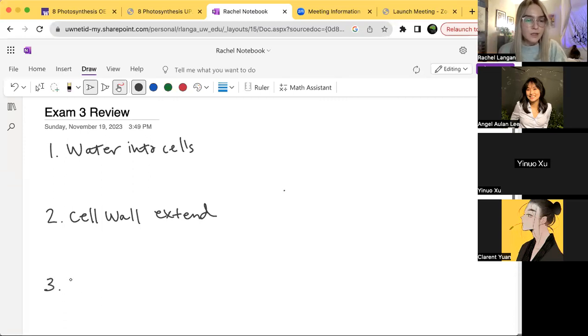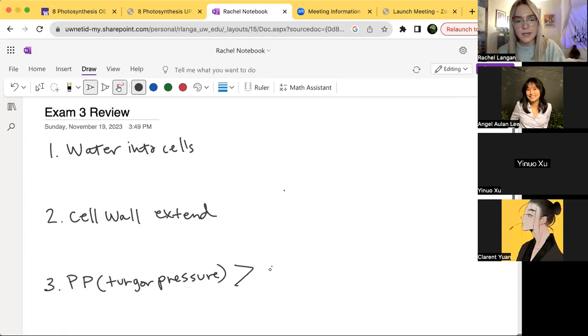And then three, you need the pressure potential, or the turgor pressure, of plant cells to be greater than the yield threshold. The yield threshold is just the pressure potential required to do elongation.